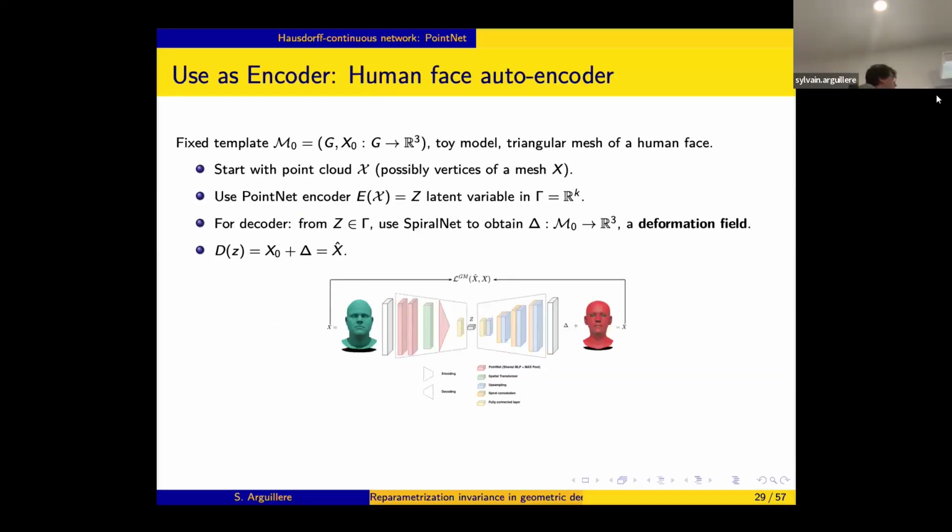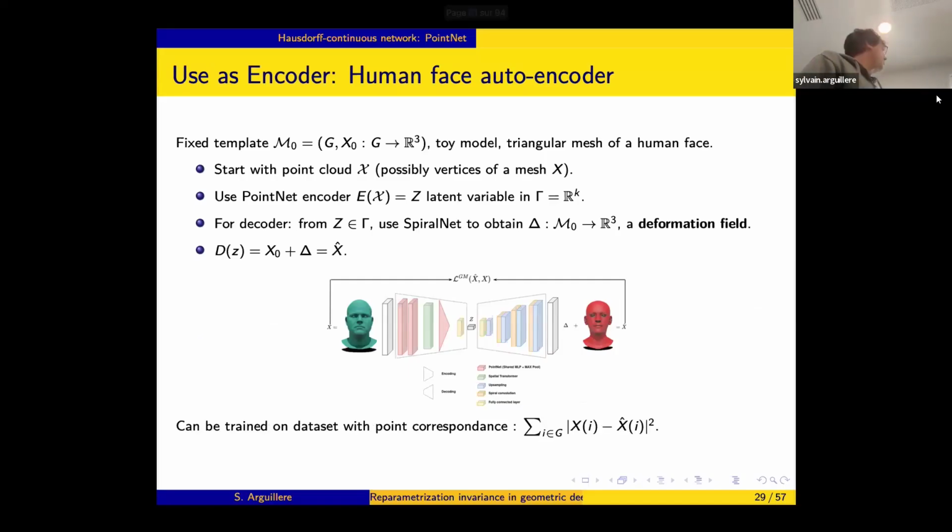That's what we did for the autoencoder of human faces, where as an input we use this PointNet, and as an output we use SpiralNet. The nice part is that if you don't mind just training on the initial set, you get something that can be applied to any scan, though it probably won't work as well as a fully trained one.